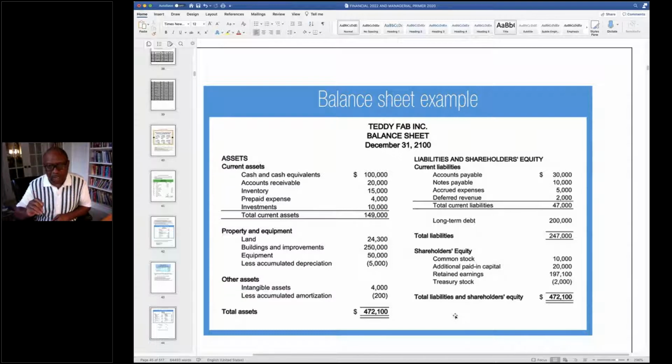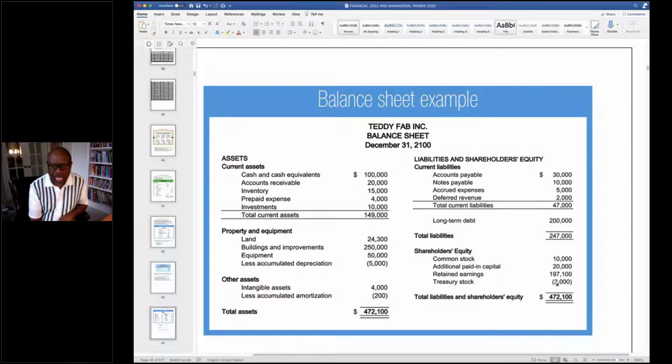For everyone, divide your difference by 2. Whenever you got a difference between debits and credits, divide by 2. 4,000 divided by 2 is how much? It's 2,000. So now you know I treated 2,000 incorrectly.